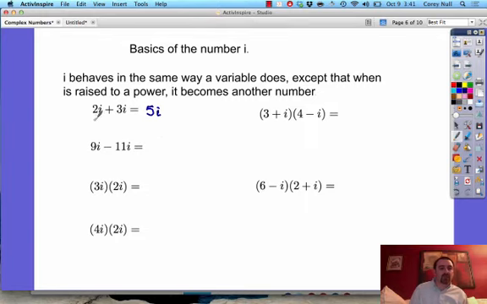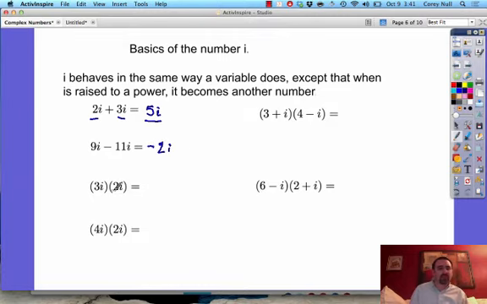So the complex number 2i plus the complex number 3i is the complex number 5i. There's no real part to this number, and there's no real part to this number, so there ends up being no real part to this number. Okay, 9i minus 11i. Well, 9x minus 11x, well, that's negative 2 times i.